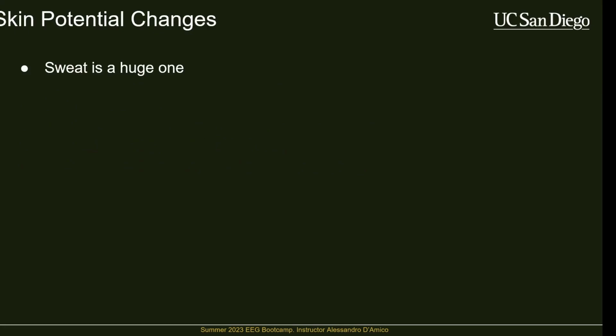And then skin potential changes. Sweat is one of the biggest ones. You can usually mitigate this by having a cold room and caps that are made out of breathable material. That's why we usually use this lycra or sports fabric material and not, I don't know, nylon. Well, nylon's okay, but not, what is this, like ABS or whatever.